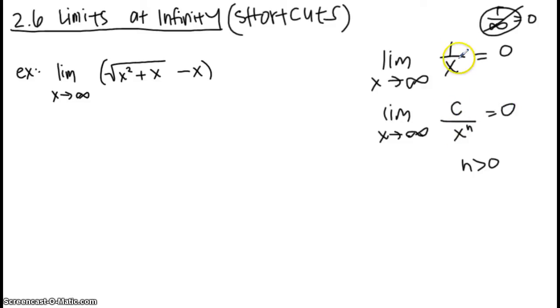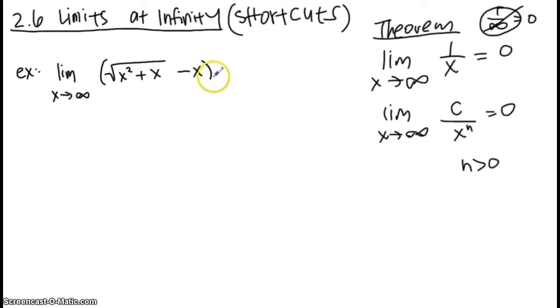For example, 1 over x to the 4th. This denominator will get bigger faster, dropping it down to 0 faster. So now this is a theorem that we are allowed to use: the fact that 1 over x to some power, or a constant over x to some power, is equal to 0. And we like this form.